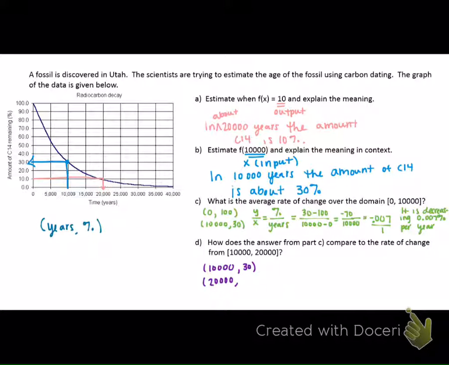What did we say, 10? So again, it's y over x, which is a percent per year. So it's 10 minus 30 over 20,000 minus 10,000. So that's negative 20 over 10,000.